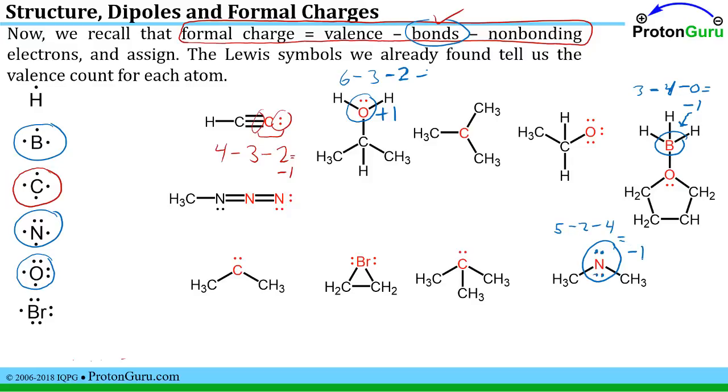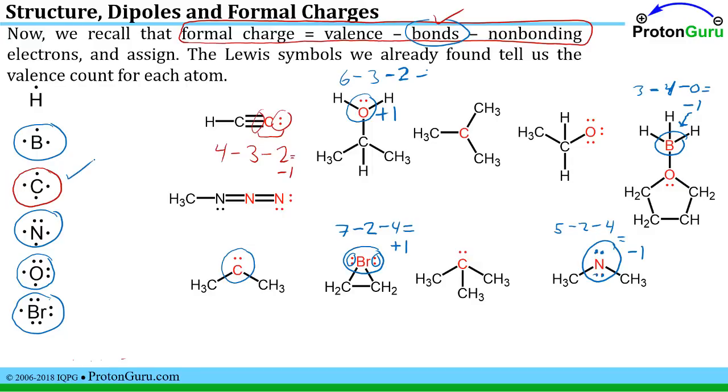Last atom to take a look at would be bromine. Bromine should have 7 electrons. Here we're sharing 2 with other atoms to make bonds. And we have 1, 2, 3, 4 electrons left on the bromine that aren't making bonds, that adds up to +1. One other example I want to take a look at is this one right here, this carbon.